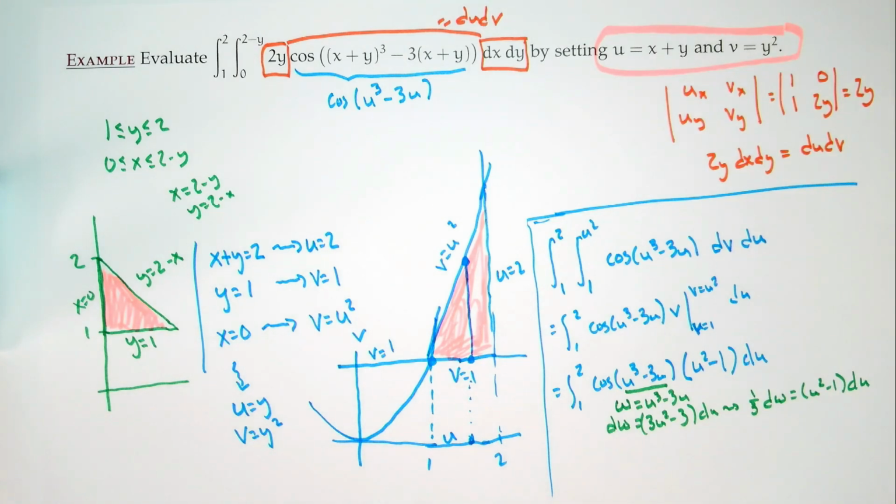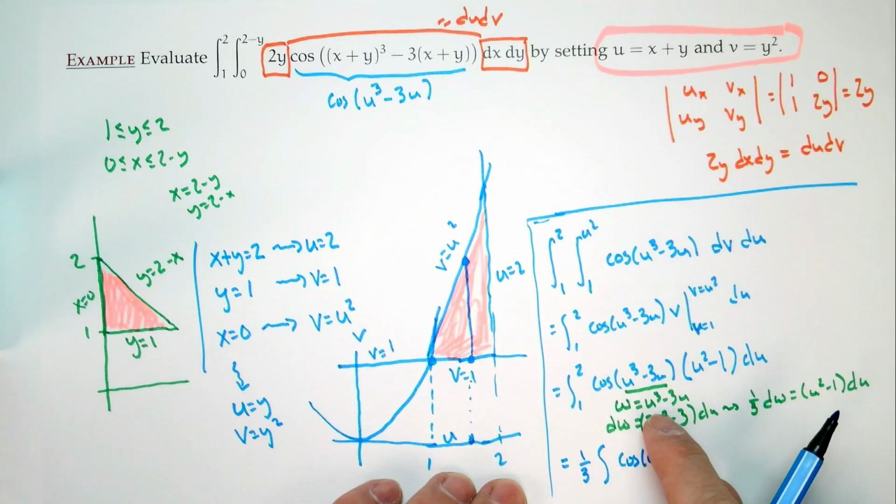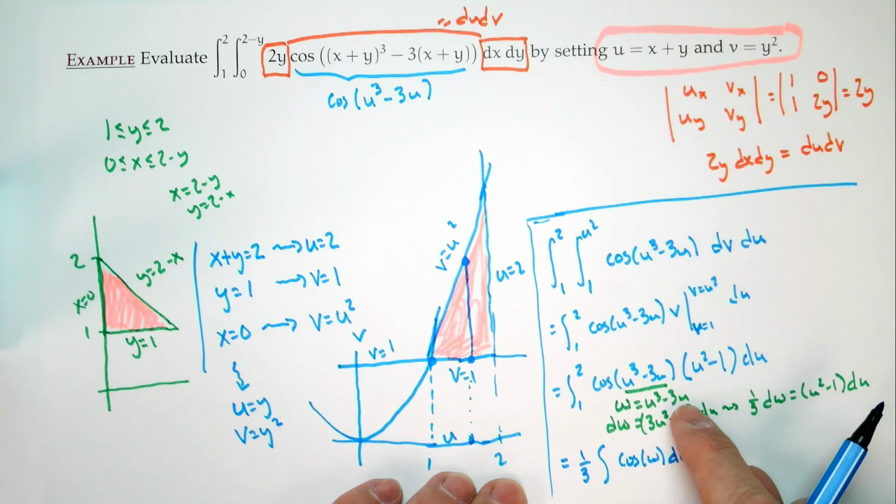So what we get is the 1/3 coming out. So this becomes 1/3 integral of cosine w dw. Now the last thing to do is, what are the bounds? If you plug in 1, you're going to get 1 minus 3. So that's negative 2.